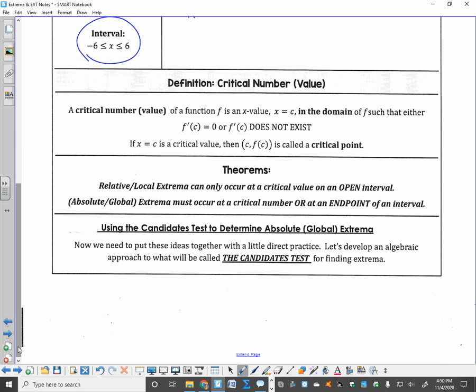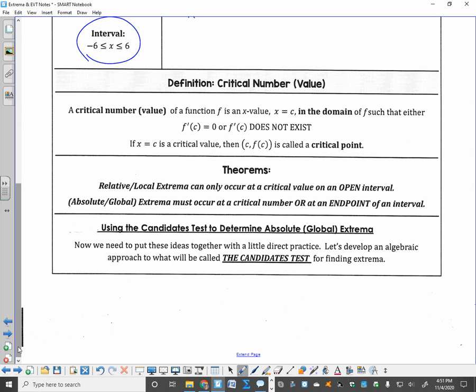So the last thing we have to talk about is a critical number or a critical value. A critical value of a function f is an x value. Okay, let's digest that. A critical value is the x value x equals c in the domain of f such that either f prime of c equals 0.